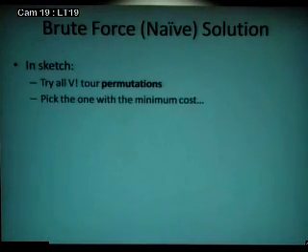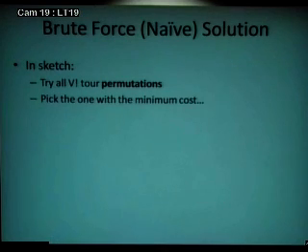Alright. So the brute force or naive solution, in sketch, is to try all P factorial permutations, pick the one with minimum cost.